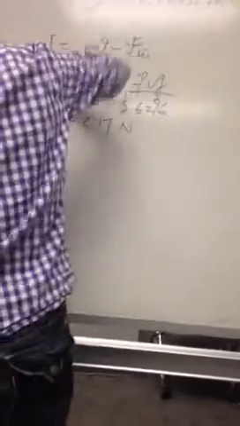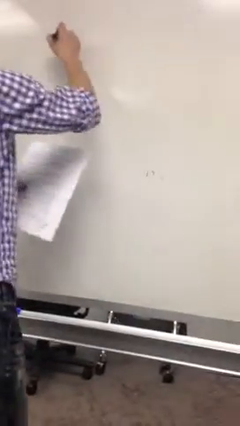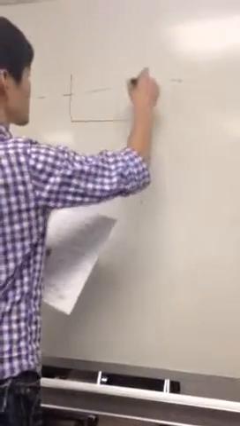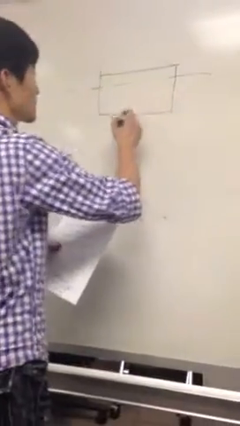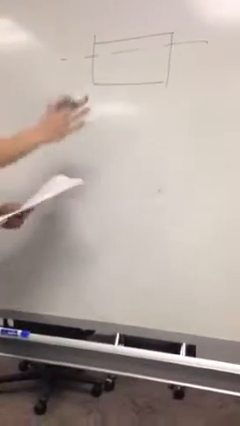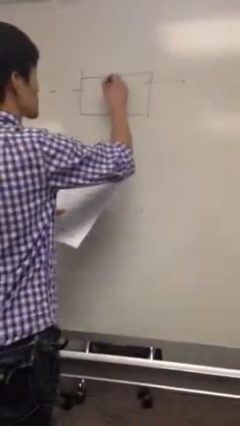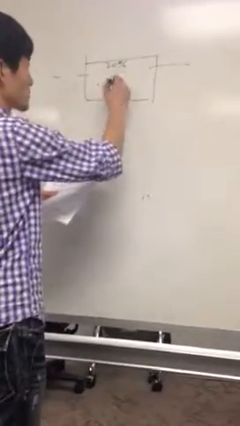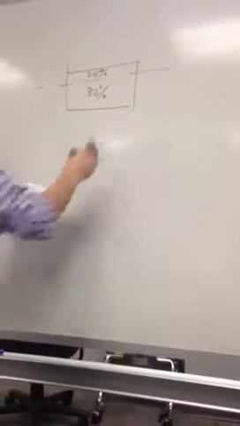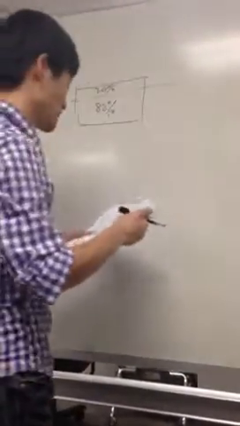And number 10 is a 1 cubic meter object floating in water. So that's water. There's an object floating in the water, 20% outside of the water, 80% inside of the water. What does the object weigh out of the water? We know in total it is 1 cubic meter.